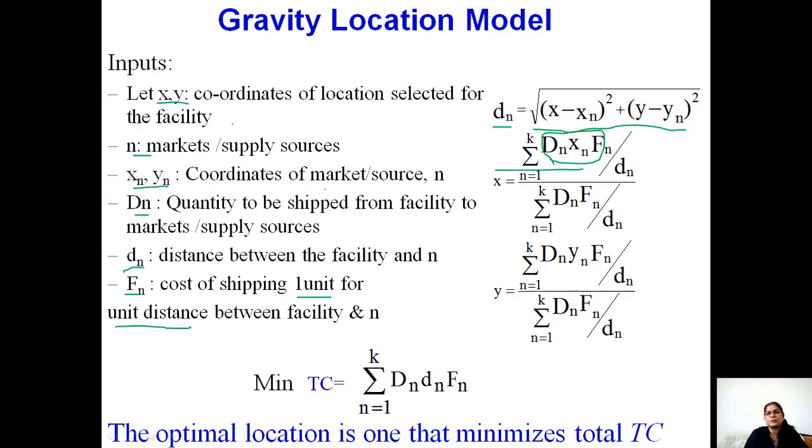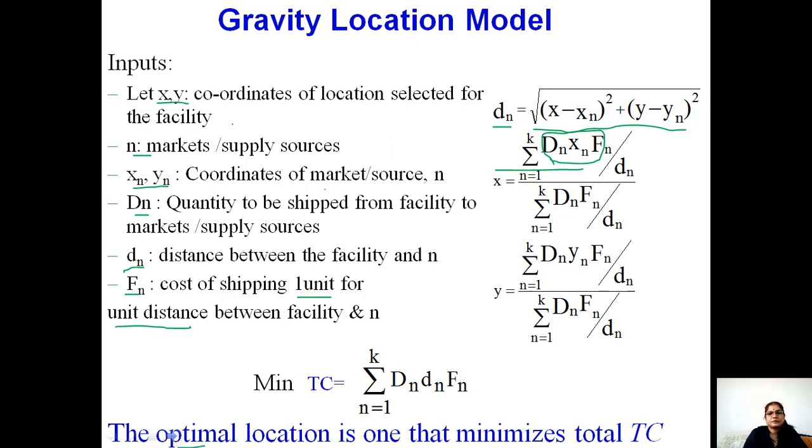So using this formula, and similarly the denominator, get the x coordinate, and using this formula get the y coordinate. Remember, x and y coordinates are connected to the facility which needs to be located. Now, because this is an iterative procedure, I'll just show you with an example how exactly it goes on with the problem.